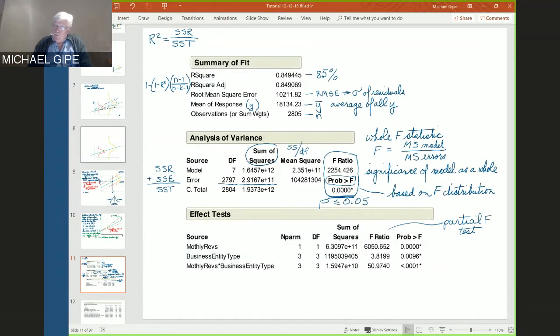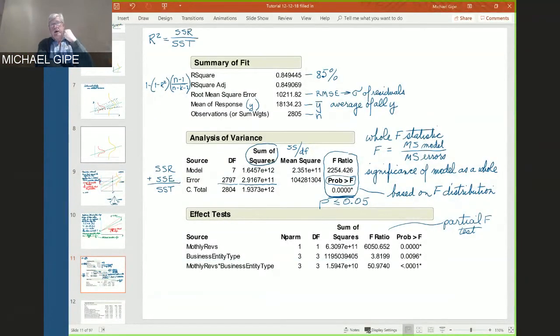So again, we're going to calculate the sum of squares value for each of these individual coefficients, and we can calculate from that an F ratio, a partial F test. It's essentially an F statistic for each individual estimated coefficient. And like I said, I won't go into the way it's calculated specifically, but basically what we're doing is we're taking the whole model and then pulling out each of these variables in turn and evaluating whether the model is significant or not.